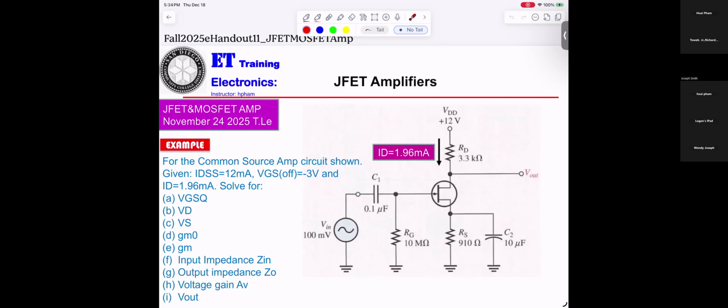Okay? JFET amplifier. If you're looking at this JFET circuit, the first thing you have to tell me is what type of DC bias.